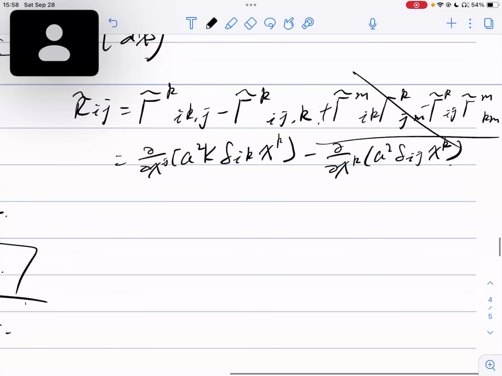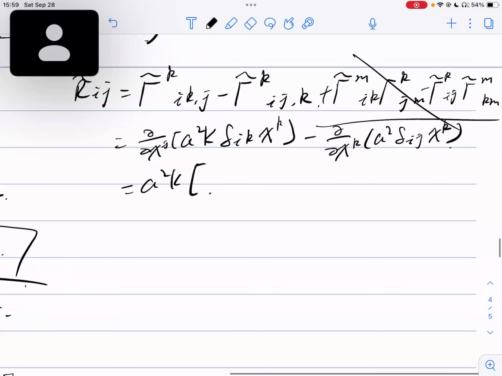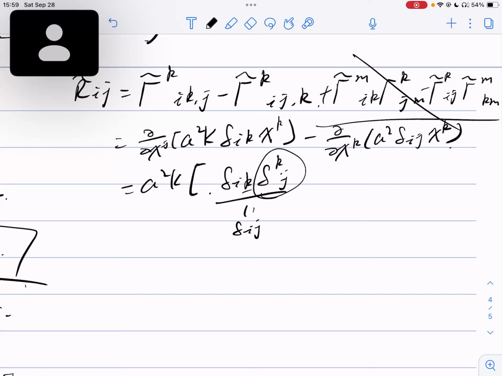Notice that the first term is just delta ik times delta kj. This one just equals delta ij, because if you sum over k, it will not vanish only when k equals j, where it equals 1, so it just equals delta ij. But the latter one is a different situation.